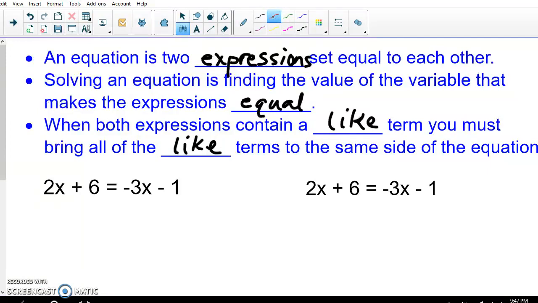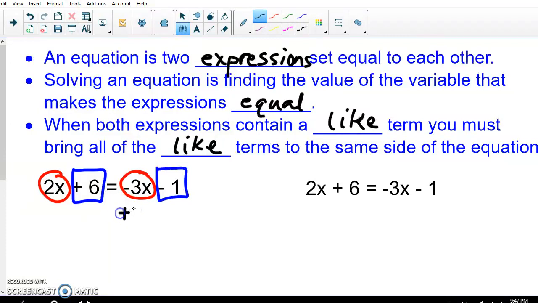If we have 2x plus 6 equals 3x minus 1, then 2x and 3x are like terms, and 6 and 1 are my constants. So I need to get all of those collected together. So let's start by getting our variables together.